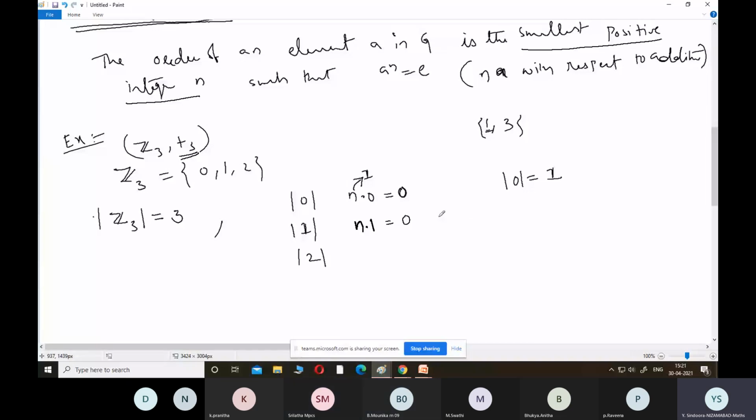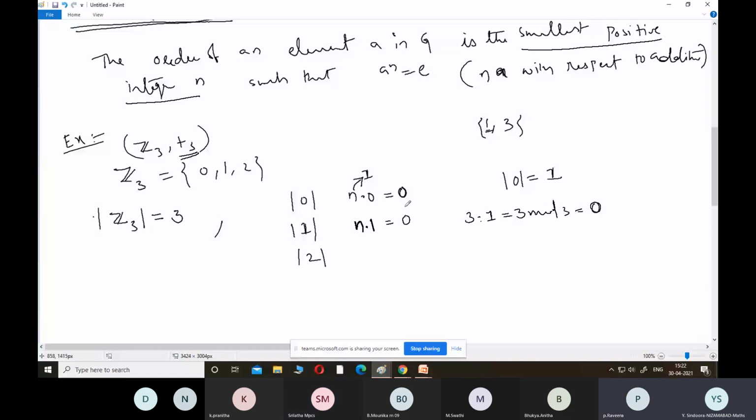So, for example, if I put 3, 3 into 1 is nothing but 3, but 3 modulo 3, so that is why it is 0 for us. So if I put n is equal to 3, it is becoming 0. Will you agree?